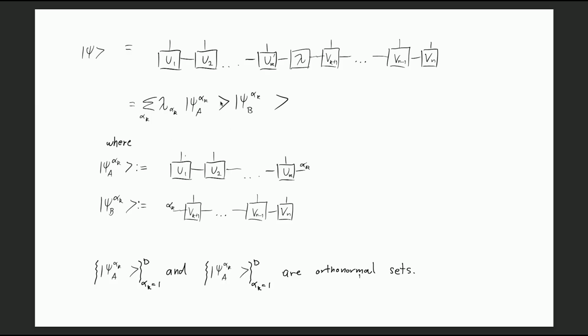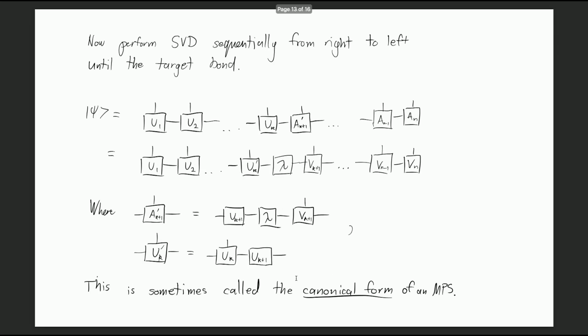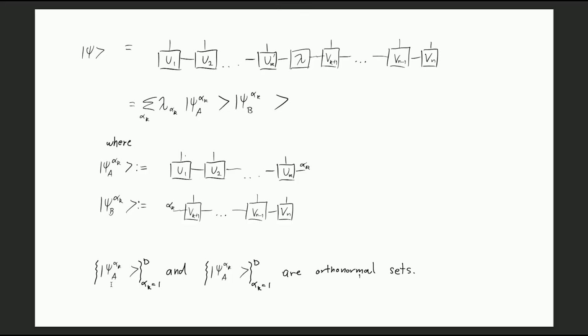These sets of states, like these psi A, correspond to the contractions of these unitary tensors to the left of the bond, and these states correspond to the contraction of the unitary tensors to the right of the bond. The orthonormality comes from the fact that these are all unitaries. The orthonormality condition is quite easy to check.